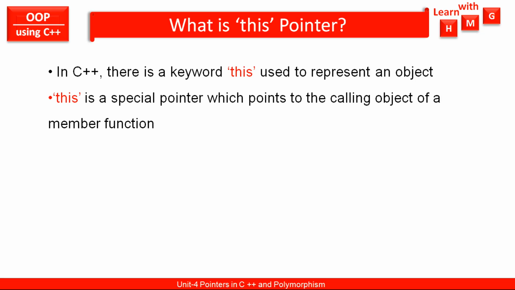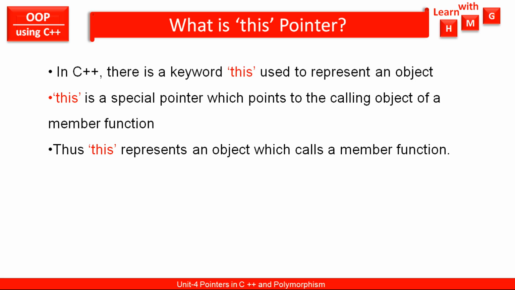It is a special pointer which points to the calling object of a member function. So whenever any object is calling a member function using the dot operator, that is object dot function, then that object is known as the calling object of a member function, and this is a special pointer which always points to such a calling object.